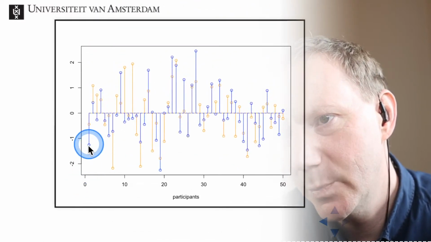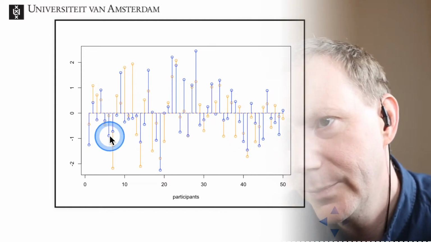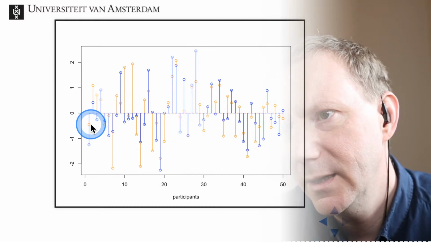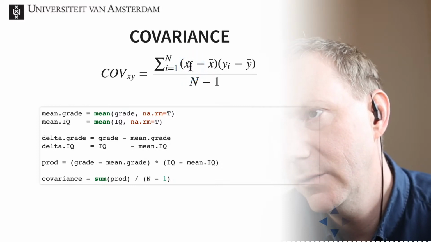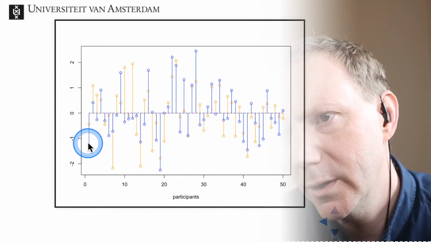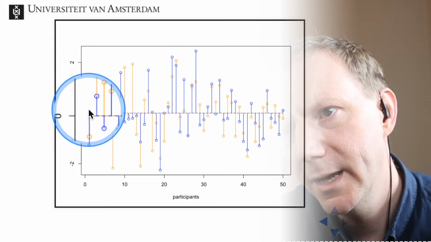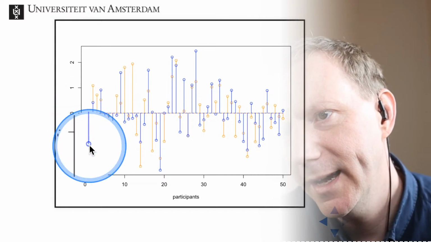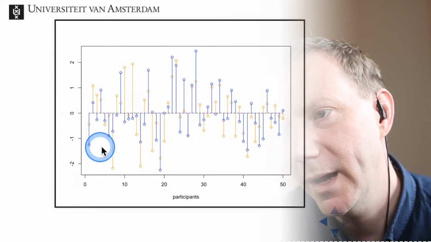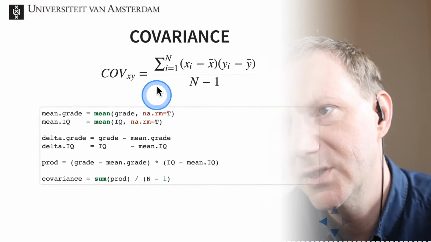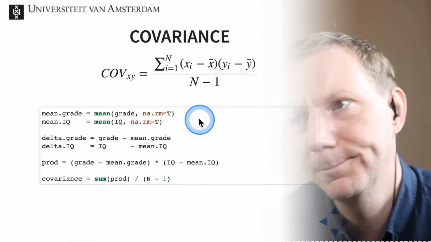So this is person 1, this is person 2, this is person 3, up to, well, 50 people. What it's saying in formula terms is: what is the score on X for this individual, that's this score, and subtract the mean. That's that one. And we're doing the same for this individual, subtracting the mean, and multiplying those two. And then we have one person. And we're summing because we're now shifting to the next one until we get to the end.